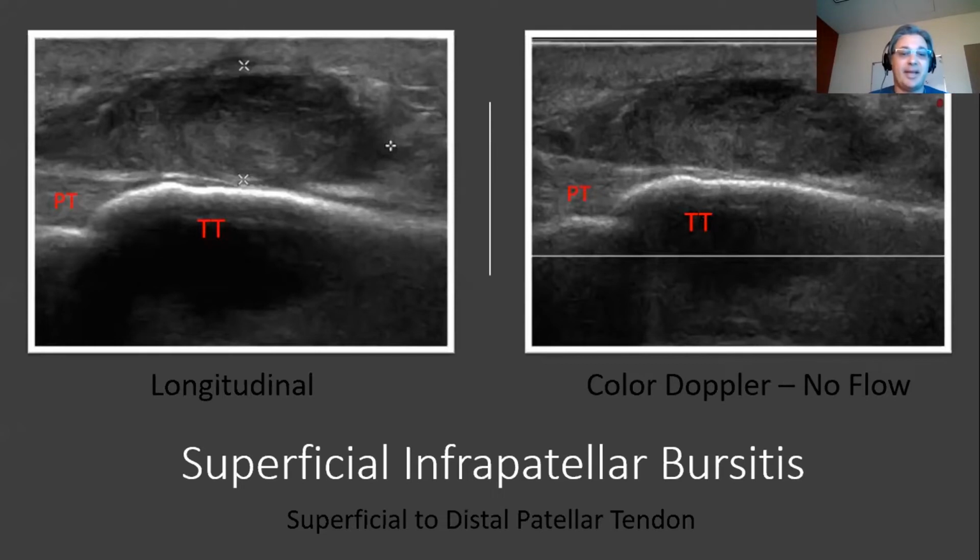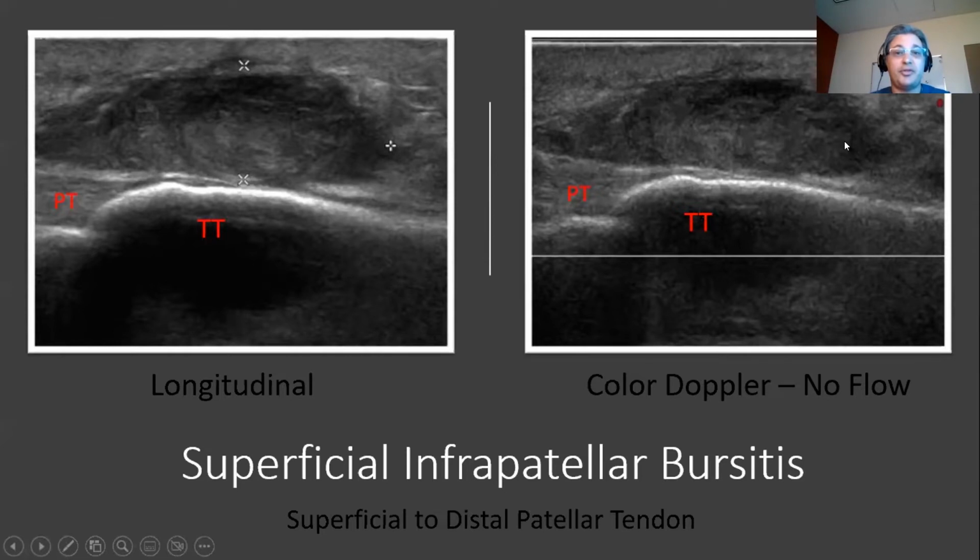And my last example of superficial infrapatellar bursitis, going over the anatomy, here's our patellar tendon, band-like structure coming down to insert onto the tibial tuberosity with another complex soft tissue mass, superficial to the distal patellar tendon, in the expected location of the named superficial infrapatellar bursa.